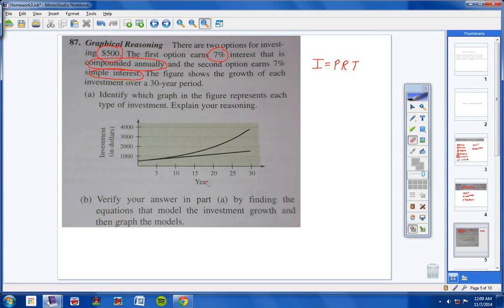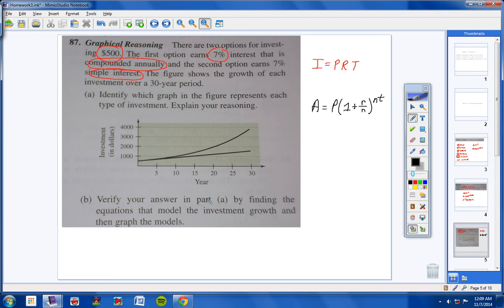And then secondly, when they say find the equations, well, we already know what the equations are. They're this. This one here would be simple interest, and this one here would be the compounded so many times during a year model. So I'm not going to worry too much about writing those up for part B, okay?